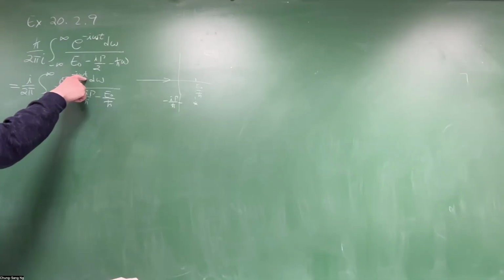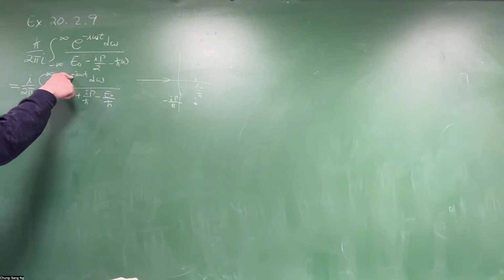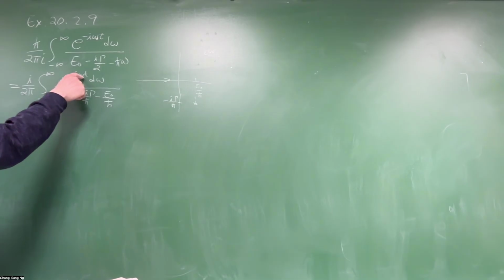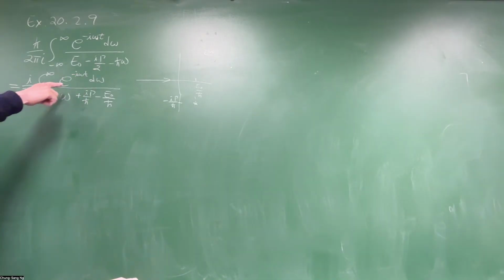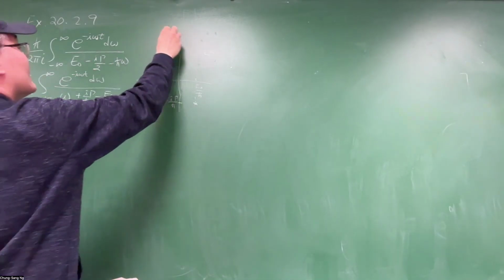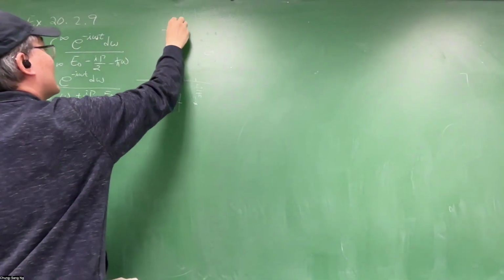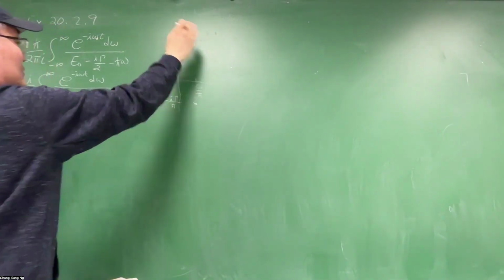If t is positive, and omega has the imaginary part omega I, right? And i times i is minus. You know what I'm saying? I need to write it down. So you have this, the phase factor is minus i omega t.